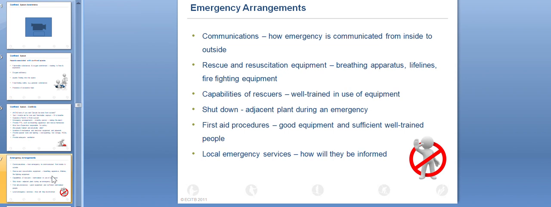Capabilities of the resources, well trained in the use of the equipment. Shutdown adjustments planned during the emergency. First aid procedures, good equipment and sufficient well-trained people. Local emergency services: how will they be informed so that everything is in place and properly managed.